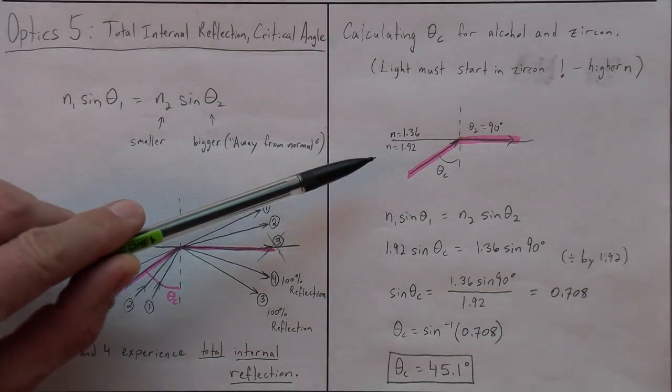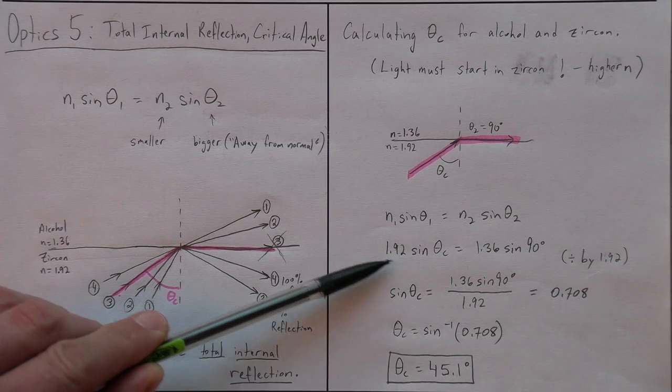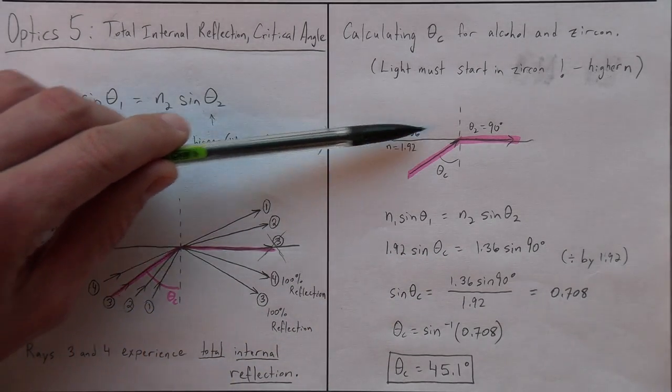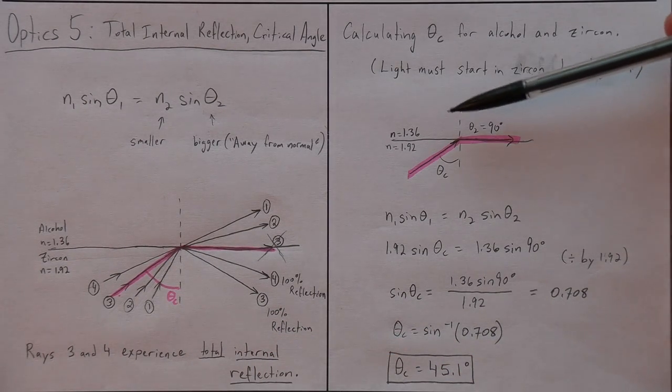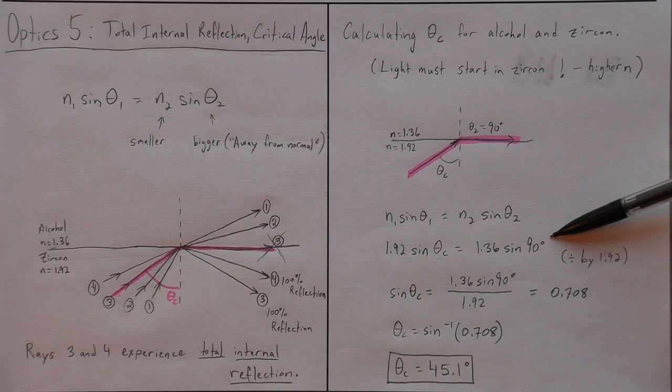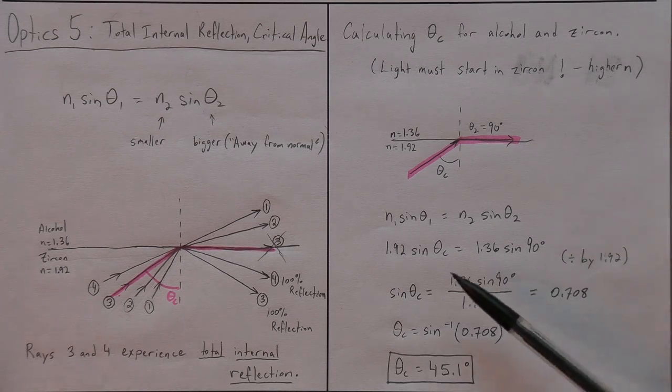In material 1, we are in zircon, the higher index, with theta critical. In material 2, we have the alcohol's lower index and the 90 degrees. And then we just have to solve for theta critical, which is what this is showing.